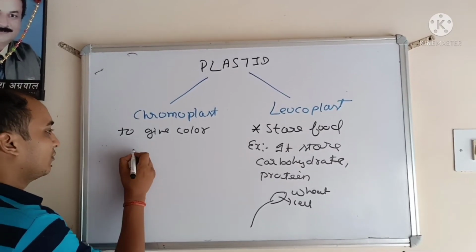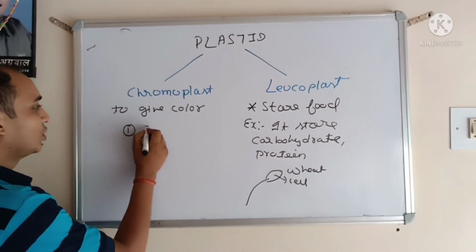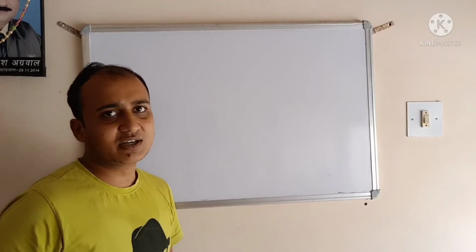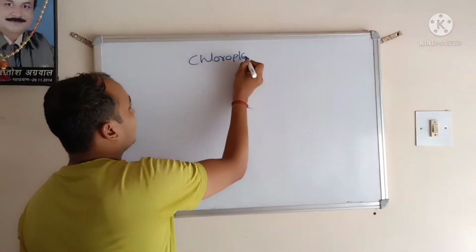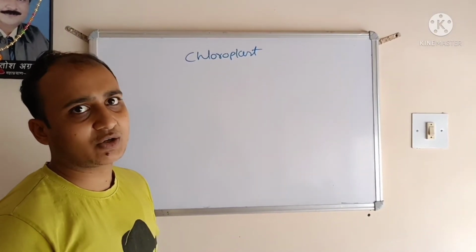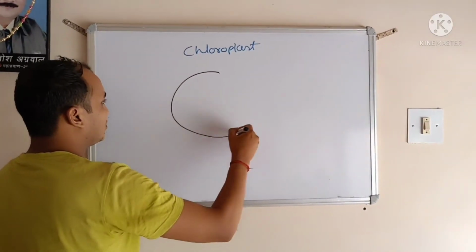One structure where this color is present is chloroplast. So let us study about chloroplast. We all know in chloroplast we will find chlorophyll, and that chlorophyll helps in the process of photosynthesis. Let's see how a chloroplast looks.